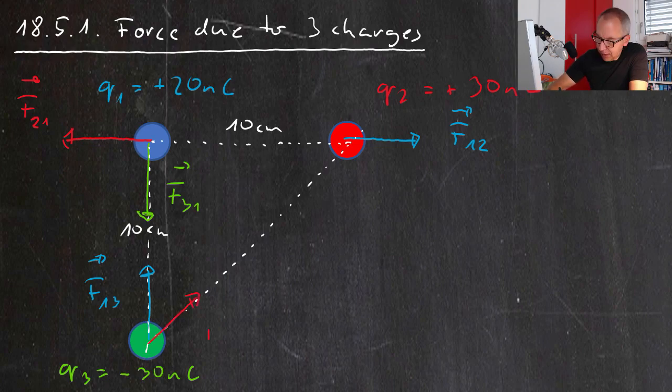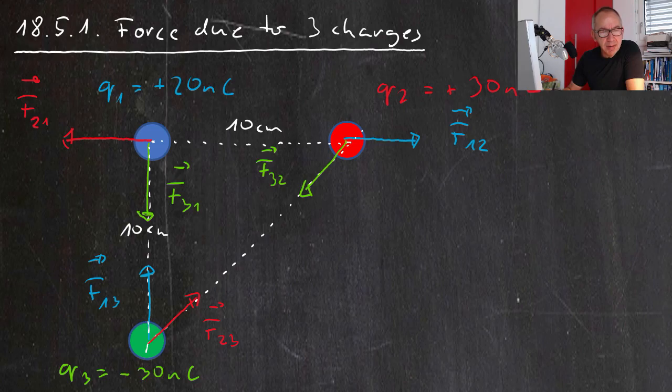So this is then F of charge 2 acting on 3, and the red one will be pulled to this direction, same length as this vector here, which is F3 on 2. We have now just calculated for each individual pair of charges what the force is.